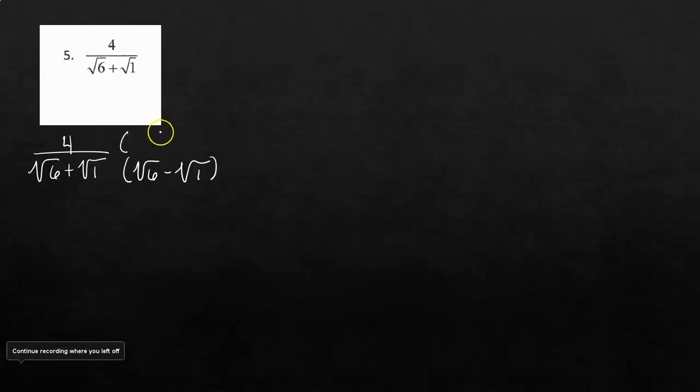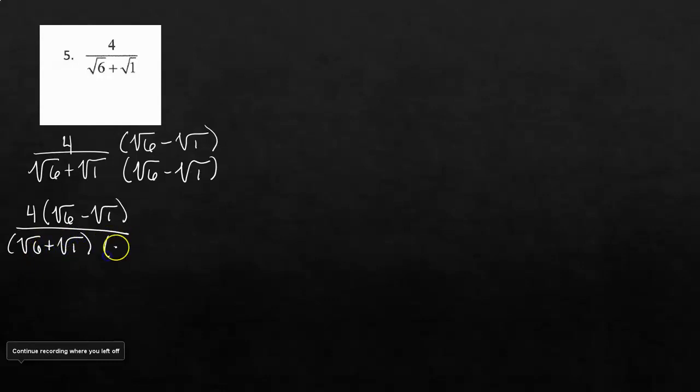So I'm going to multiply also the numerator by the conjugate. So here I'm going to have 4 times the quantity of the square root of 6 minus the square root of 1 over. Okay, let's deal with the top first.